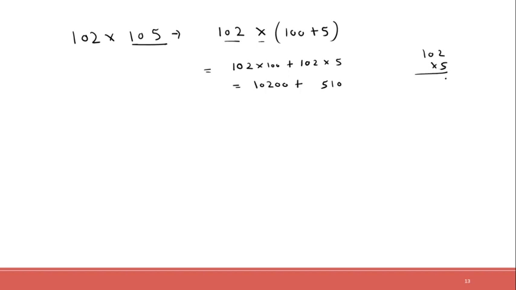5 into 2, 10, 0 here, 1 extra, 5, 0, 0, plus 1, 1, 5, 5 ones, 5 into 1, 5. So we get 10710. Got it? This is how a bracket works.